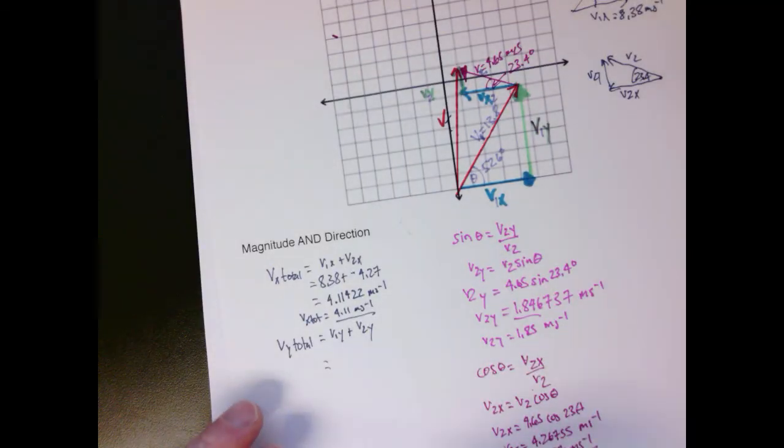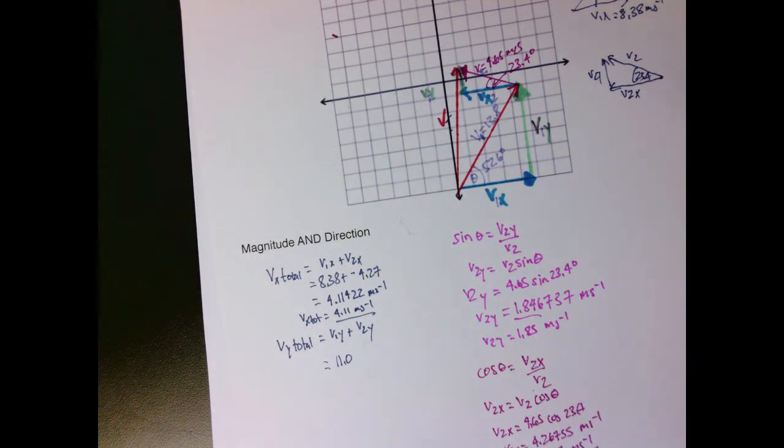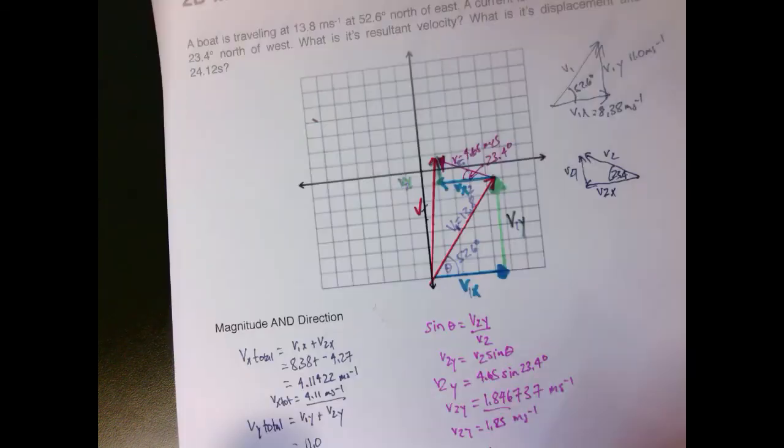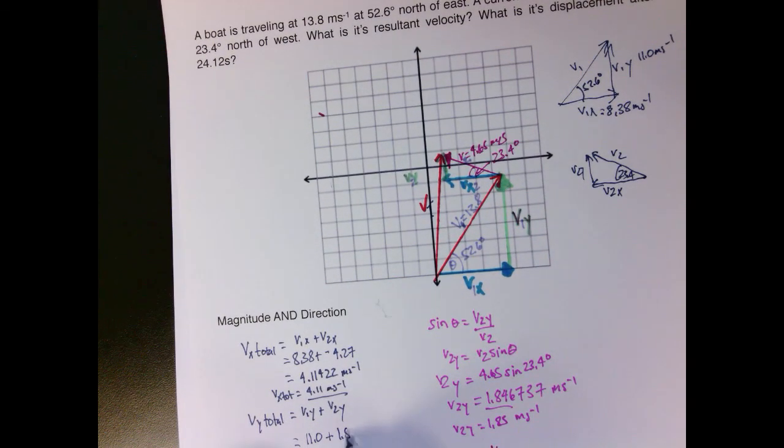V1y we know is 11.0. And v2y is 1.85, and that is in the positive direction, so that's plus 1.85.